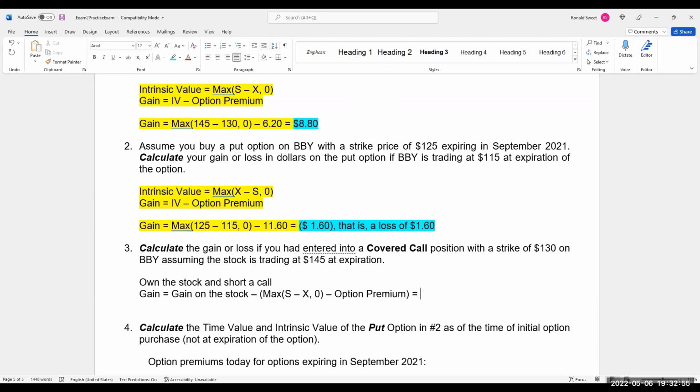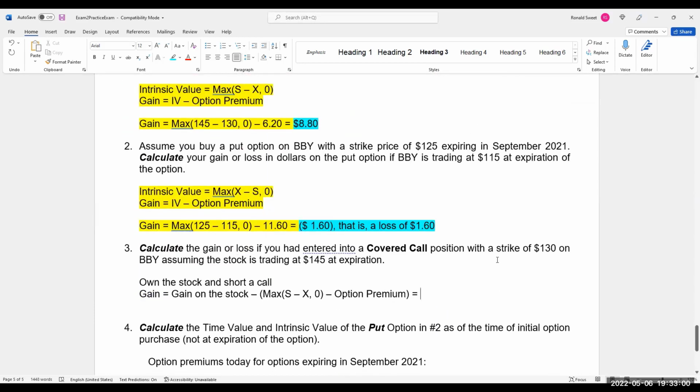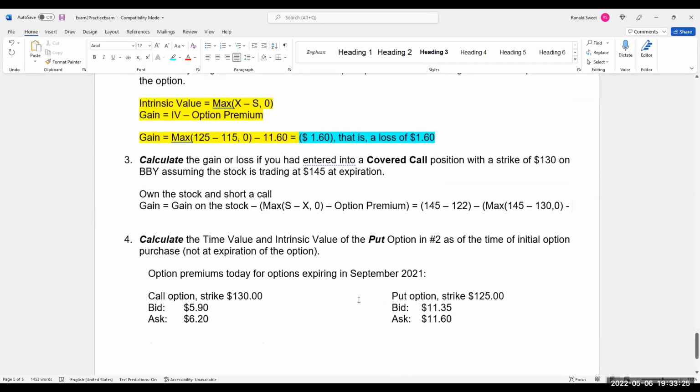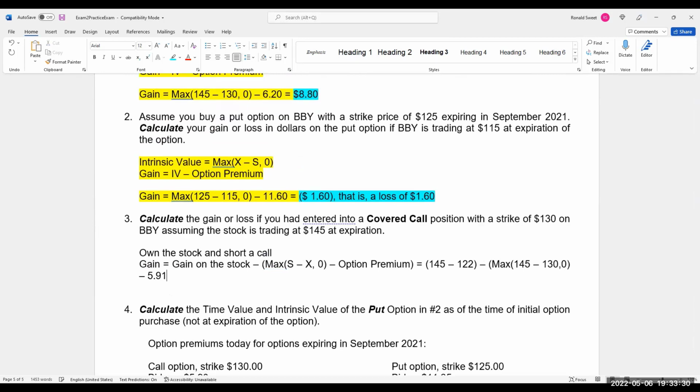So here you gain on the stock. The stock started at 122 and now it's worth 145. So the gain on the stock is 145 minus 122. So you made $23 there, minus the max of the stock price 145 minus the strike 130 comma 0, minus, and here we're selling the calls, so you got to do the 5.90 minus the 5.90.